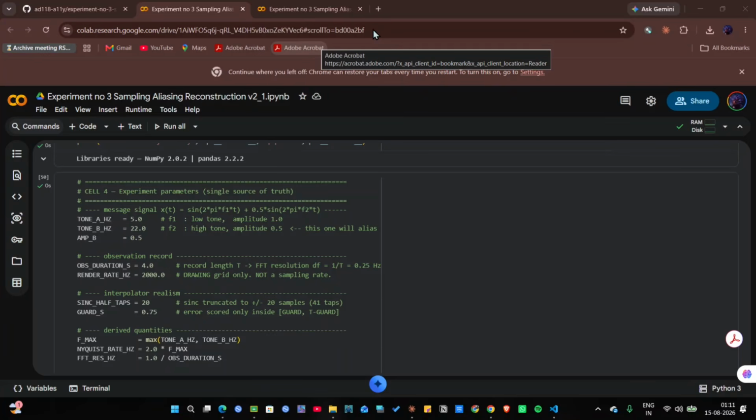Here is the code and the output: at Nyquist, and below Nyquist, it has become 8 Hz.